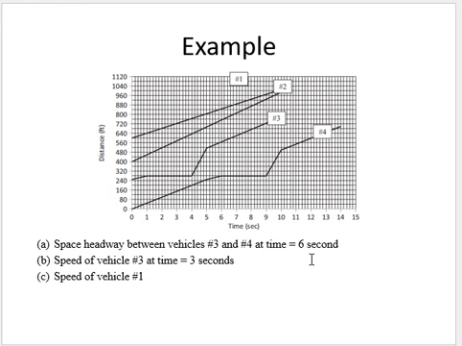At time 6 seconds, what is the space headway, meaning the spacing? So at time 6 seconds, what is the space headway between vehicles 3 and 4? How do I find out the spacing between vehicles 3 and 4 at time 6 seconds?